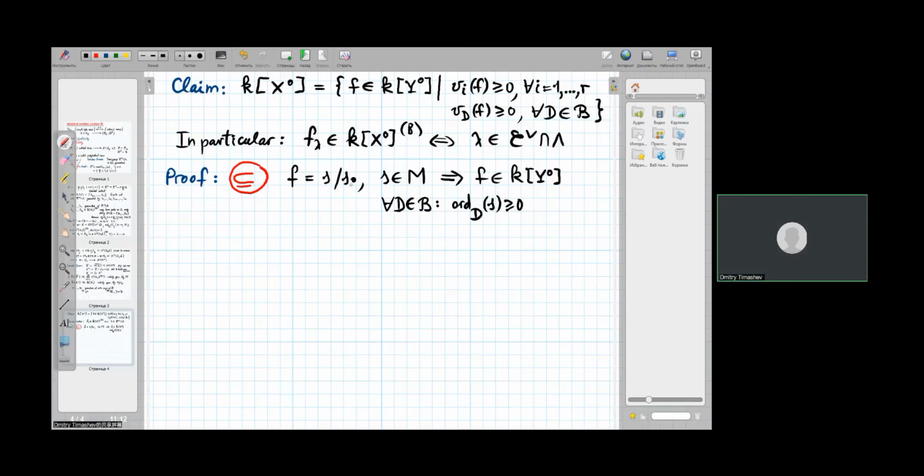And since the denominator of this fraction has zeros only along the colors in the complement of D, the function f, this ratio, has no poles along D, and therefore this inequality also holds.